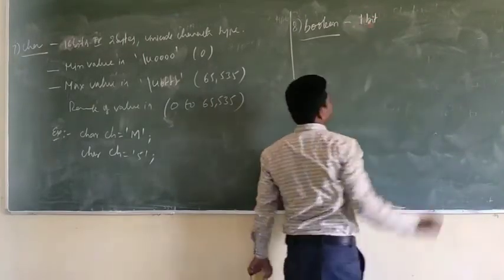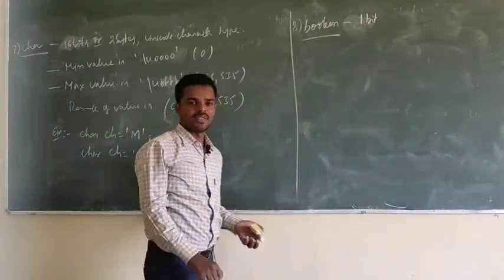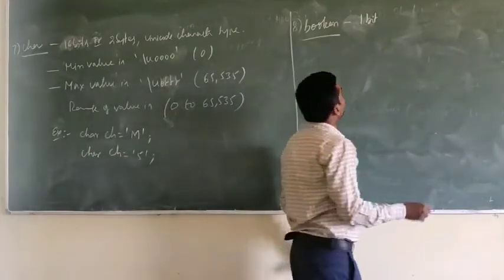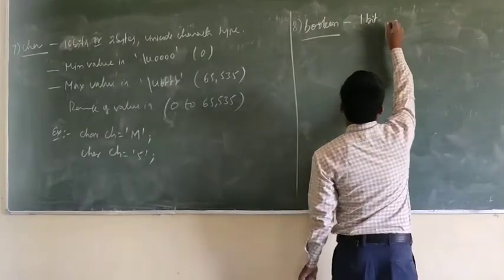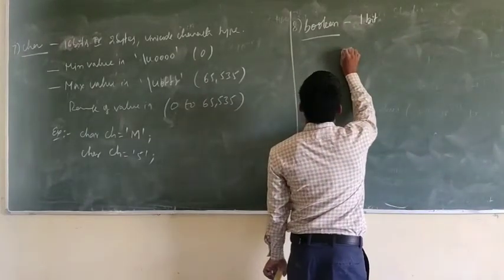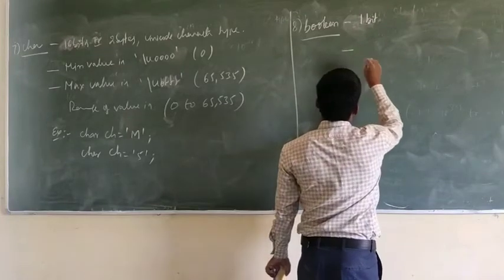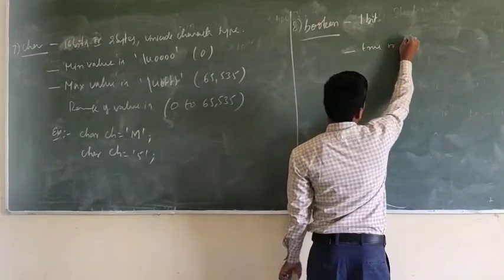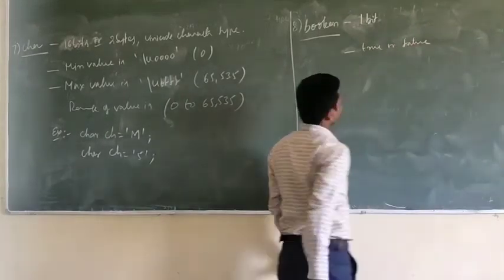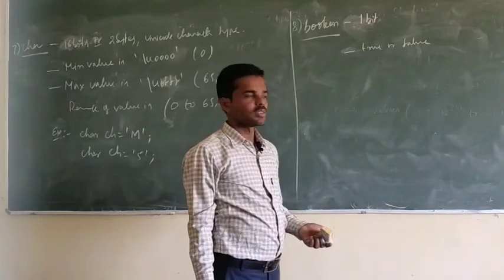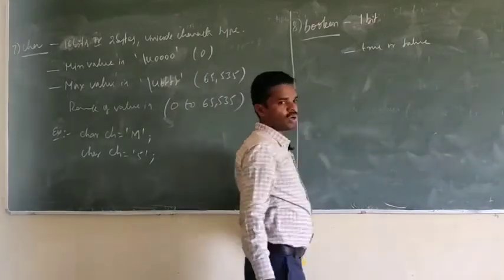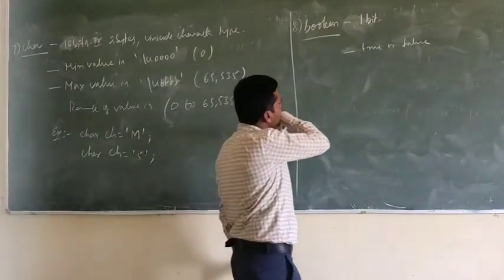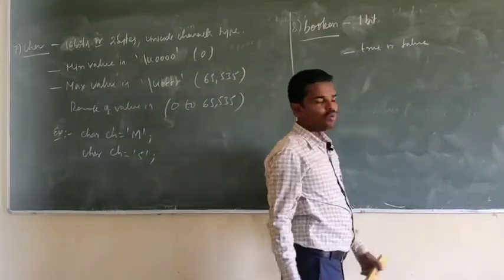It can store 1 bit of information, that is either true or false. That means the Boolean data type can store either true or false values. 0 means what? False. 1 means true. So like that you can store 1 bit of information in the Boolean type.